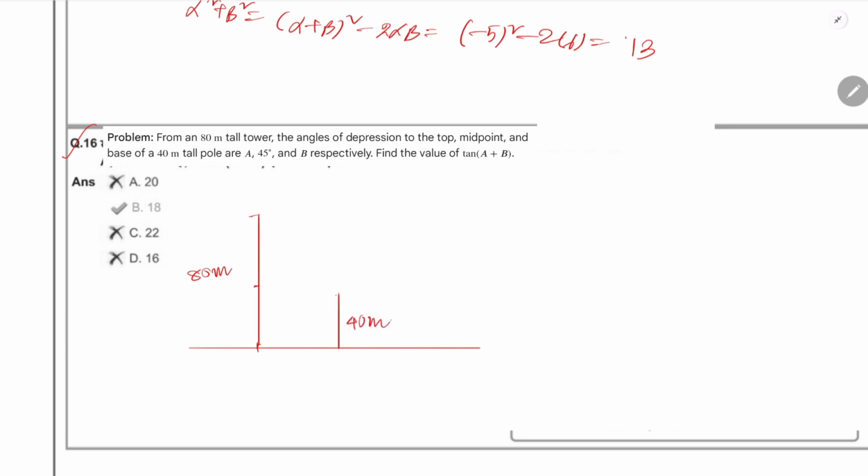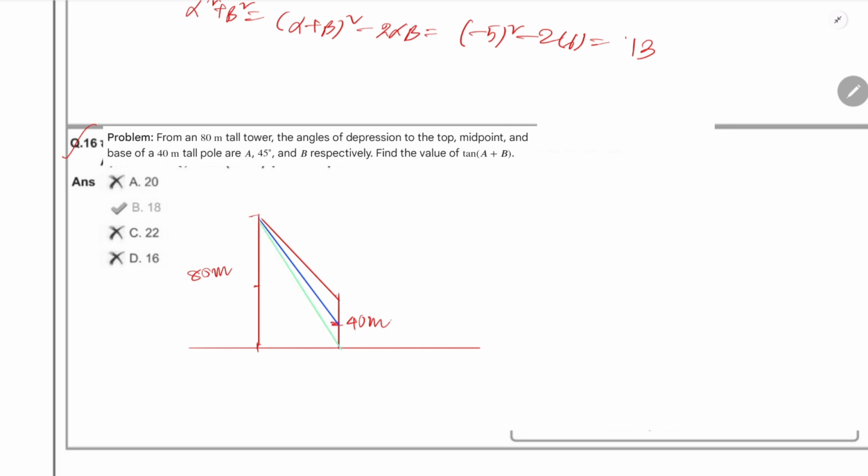The angle of depression means from the top, from the midpoint of this, and from the ground point. This line, and another is this line.